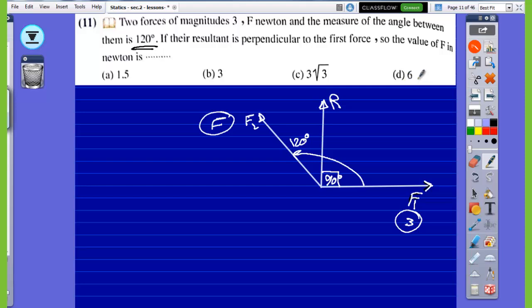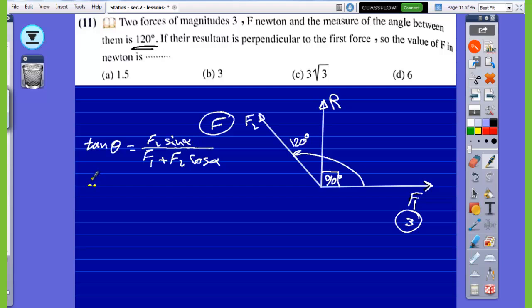So the value of F in Newton is, so we write the rule, tan theta, it is the angle included between the resultant and F1, equals F2 sine alpha over F1 plus F2 cosine alpha.